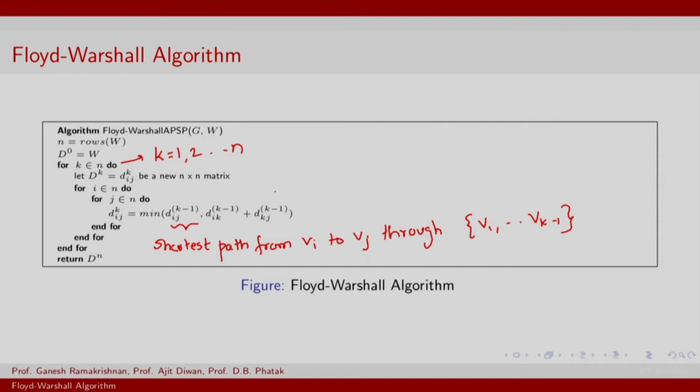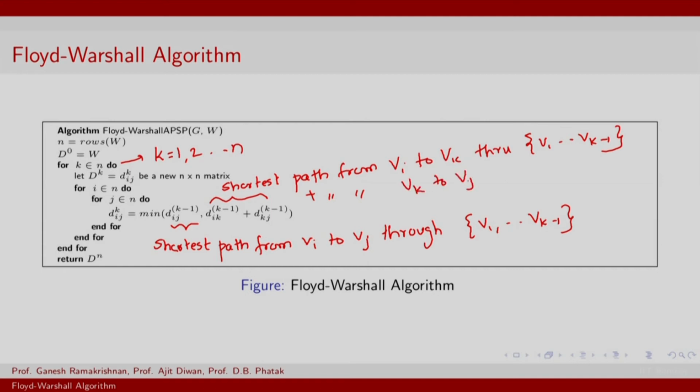The other possibility, however, is that there is a shortest path which includes k, and therefore we compare this shortest path through v1 to vk minus 1 with the new shortest path, and this is the shortest path from vi to vk through v1 to vk minus 1 plus the shortest path from vk to vj.